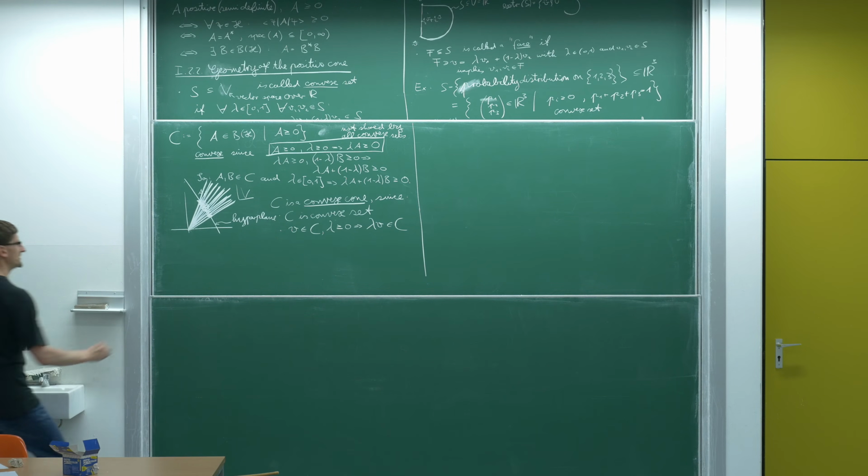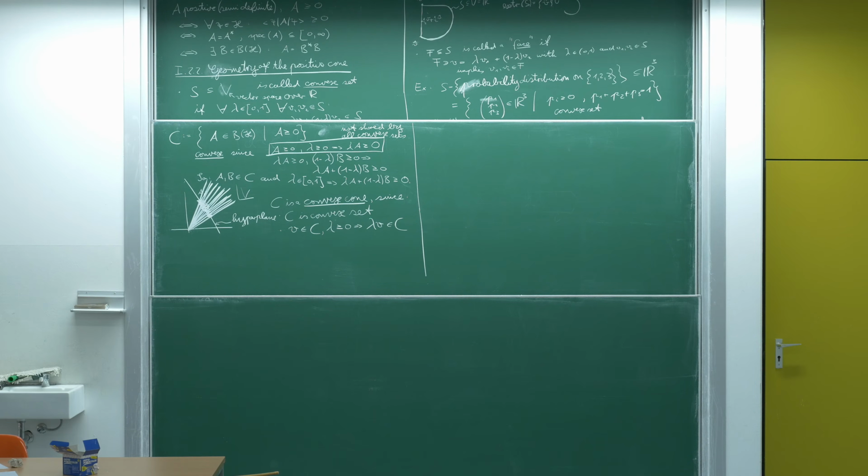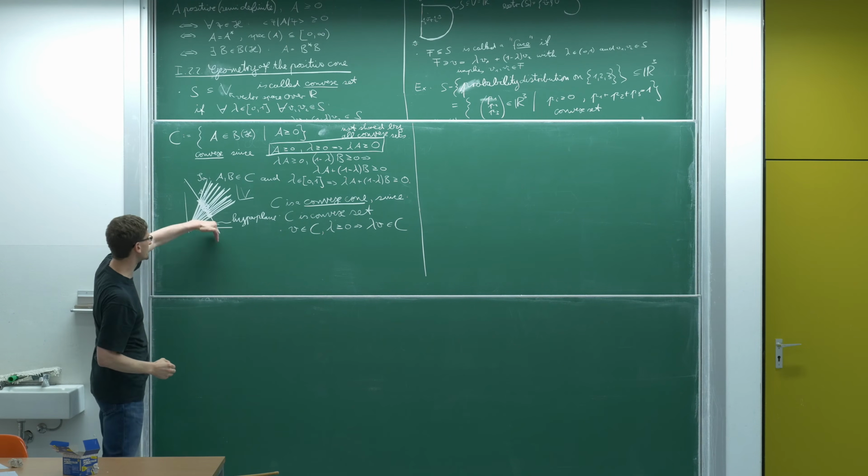Then the intersection is called a base of the cone, at least under some circumstances. So we shouldn't take a hyperplane which does not fully intersect the cone.